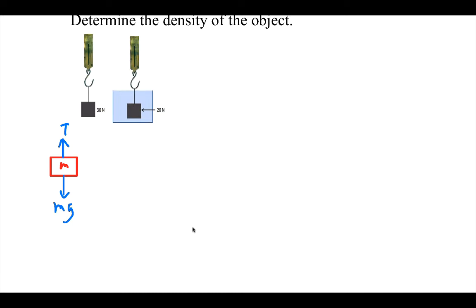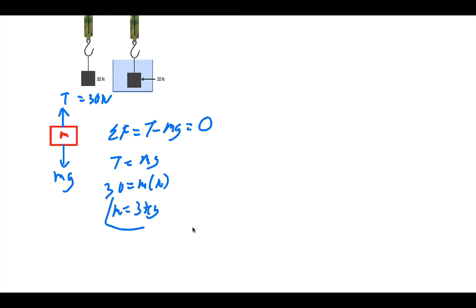So in this case, that would be 30 newtons. If I sum my forces here, I have tension minus mg. It's in equilibrium, so that has to equal 0. And that means that the mass of this thing is about 3 kilograms.